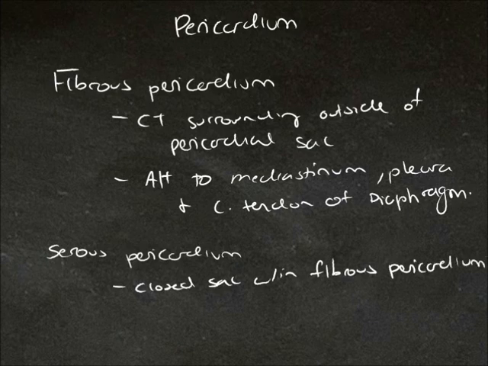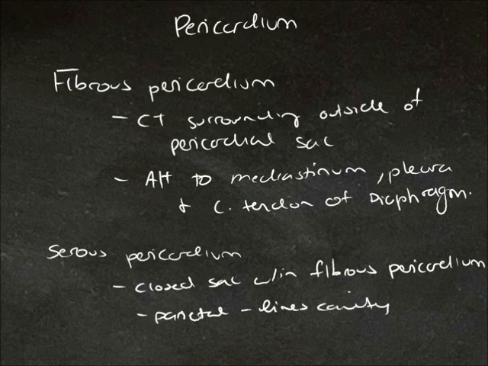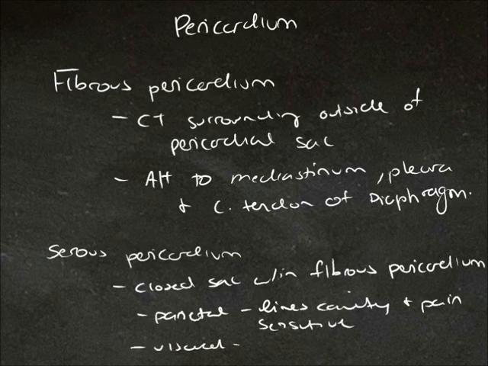And it consists of parietal pericardium, which lines the cavity and is pain sensitive. And we have the visceral pericardium, which covers the heart and bases of the great vessels.